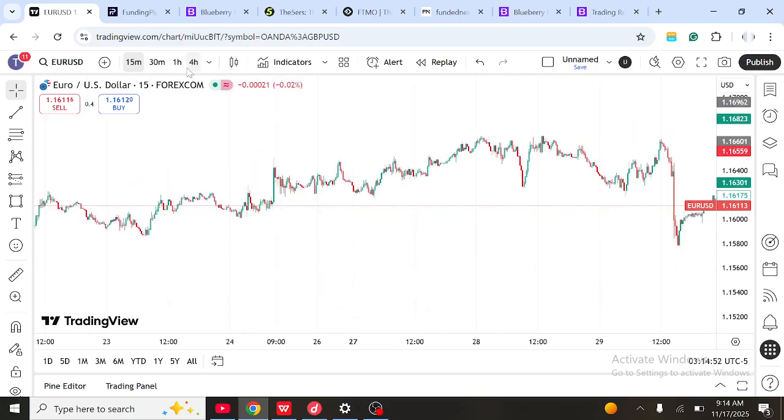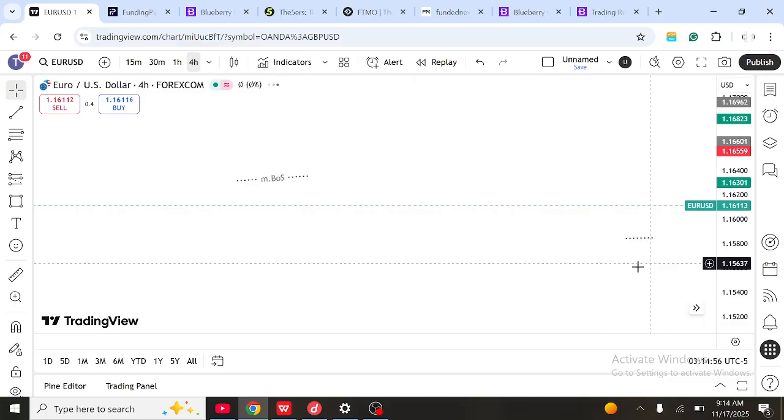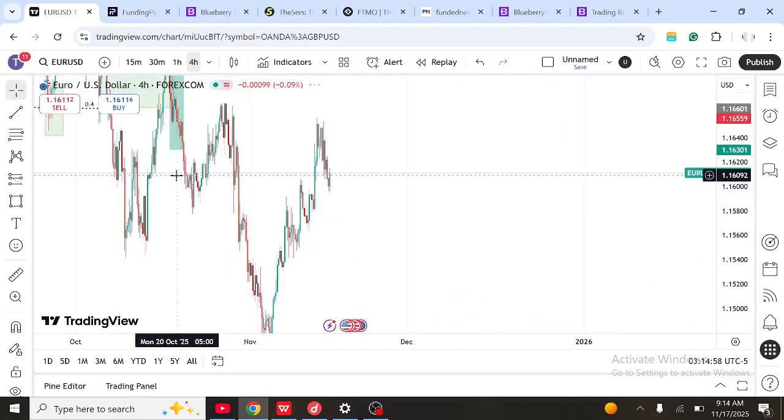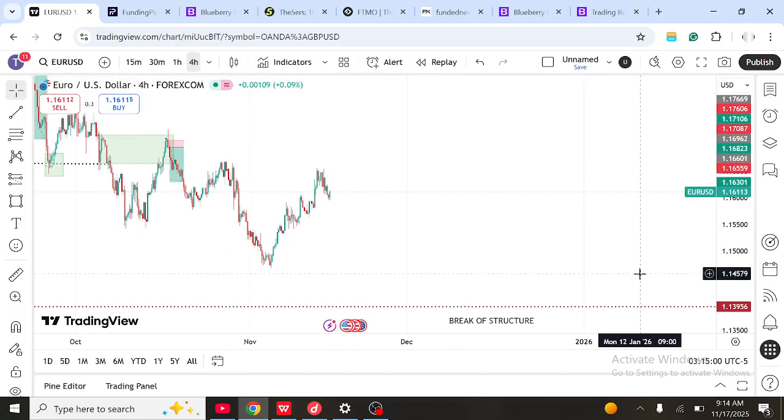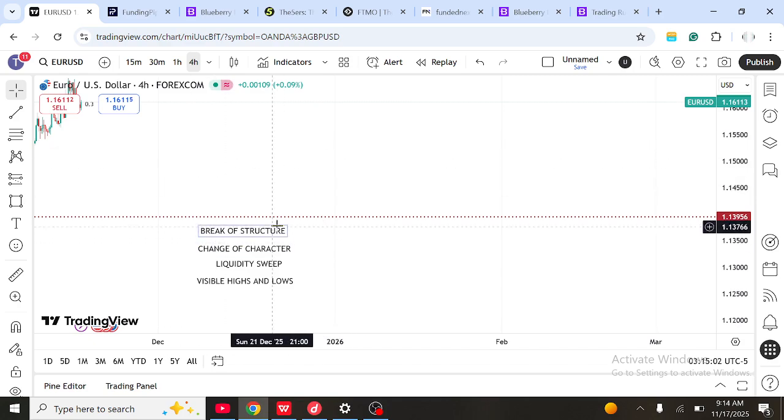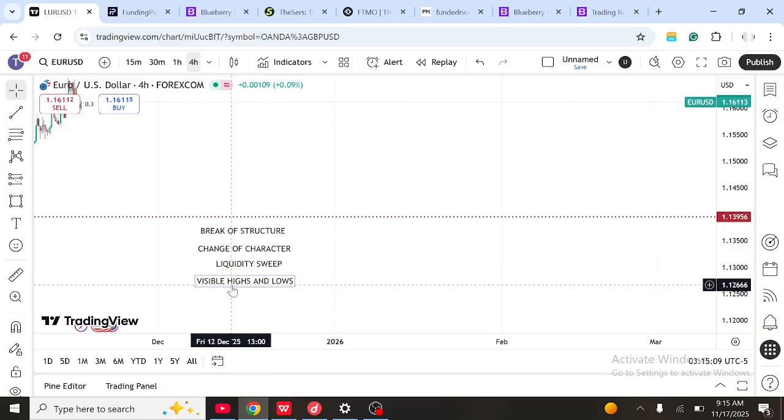And the first place, sorry, let me go to 4 hours. And the first place is what? Break of structure. Second one, change of character. Third one, liquidity sweep. And number 4, visible highs and lows. All right, so using this strategy, you will be profitable.